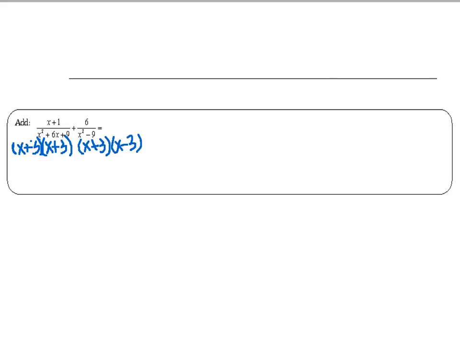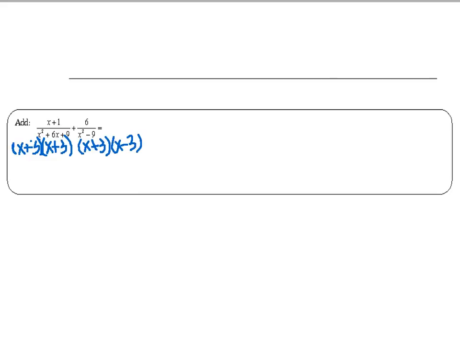So we've got to see what each piece is missing. This has got 2 x plus 3s, so that's x plus 3 squared. This one's only got 1 x plus 3, but it's also got an x minus 3. So we multiply this one by x minus 3 and this one by another x plus 3. So let's write that out here. Let's rewrite this so I've got a little bit more space here.